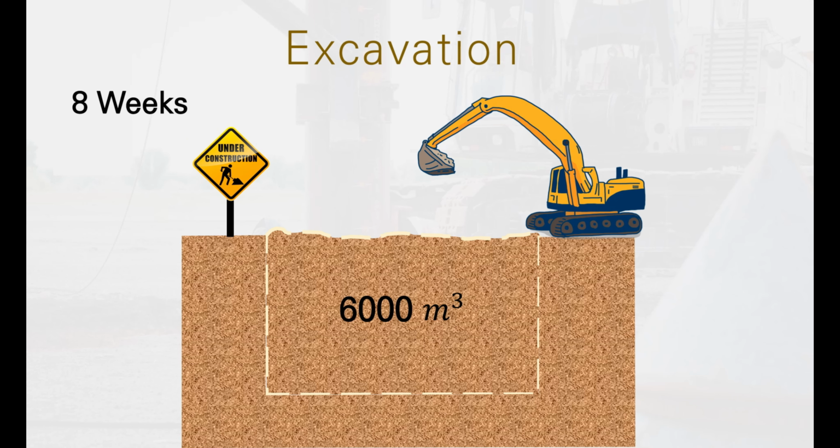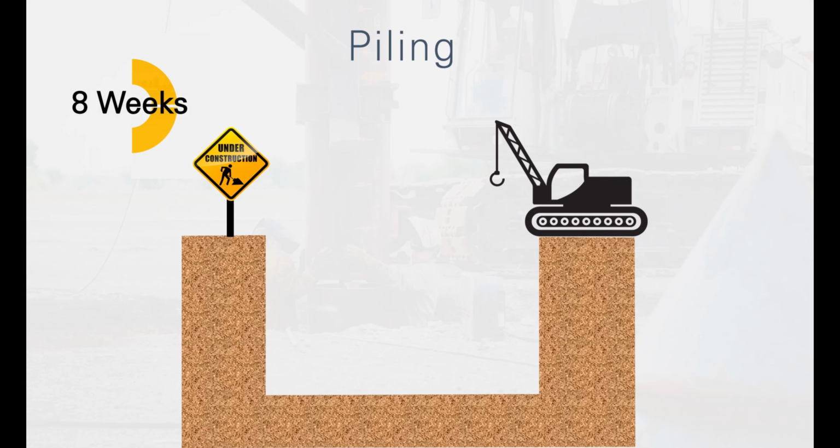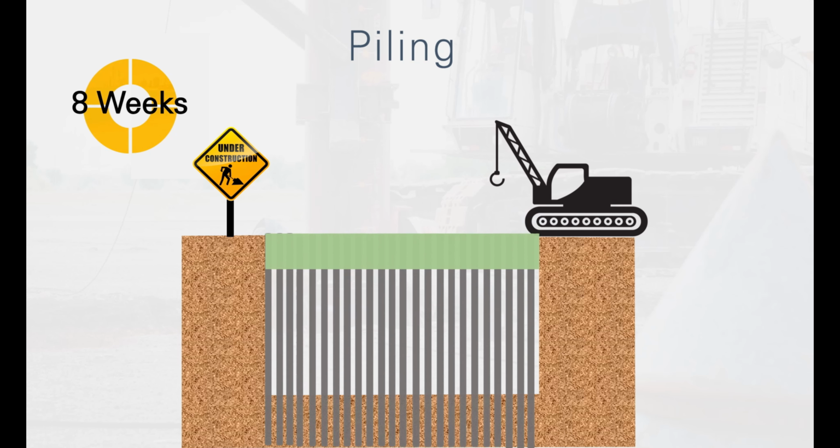During the construction of it, excavators had to dig 6,000 cubic meters of sand, and hundreds of piles were driven into the ground. This took them more than 8 weeks.